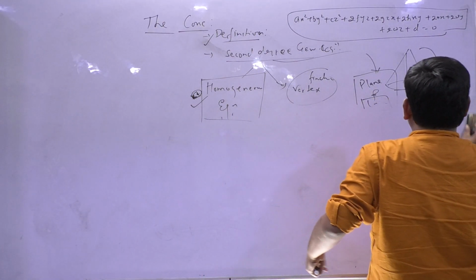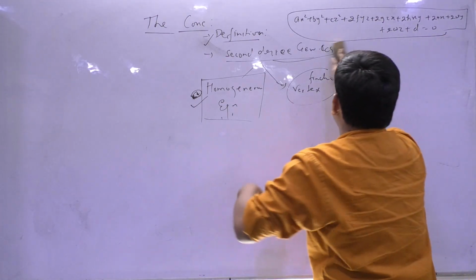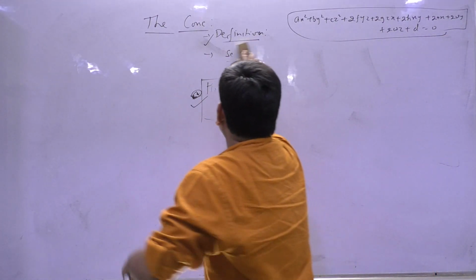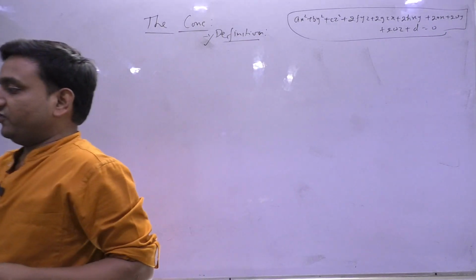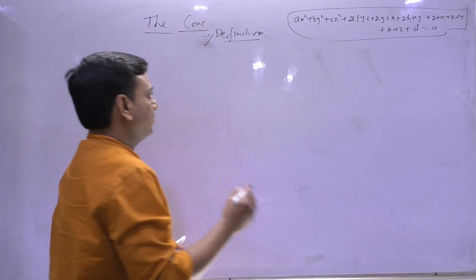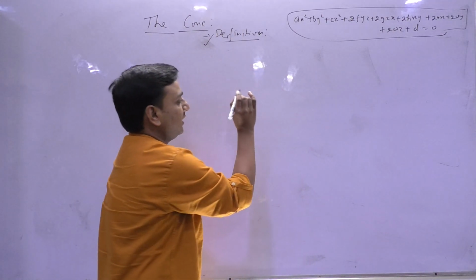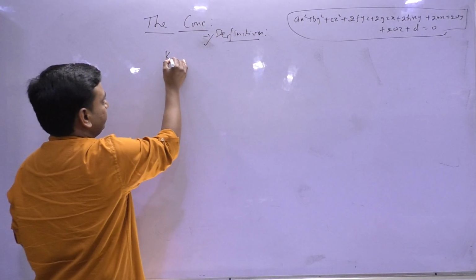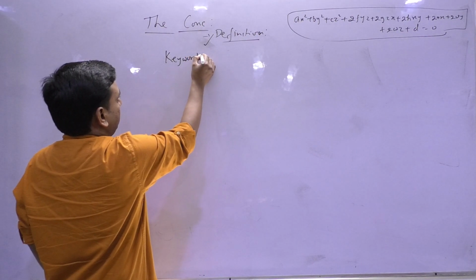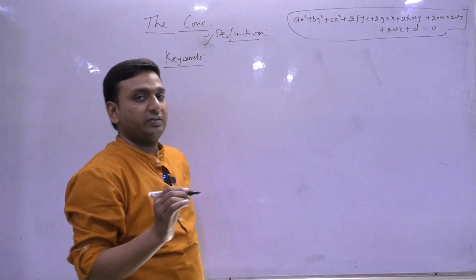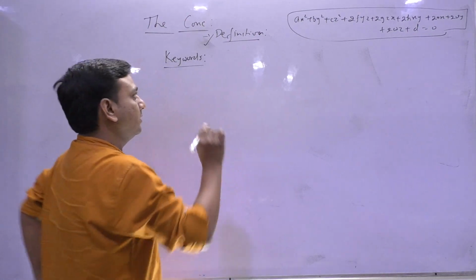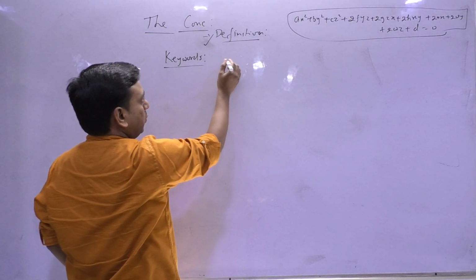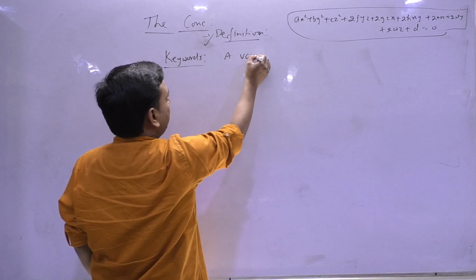We should be clear about the definition of a cone at the first row, because I'm much interested in here. So write the definition. Look here, the keywords in the definition. What it says is that a cone is a surface, or a cone is the locus of a variable line.